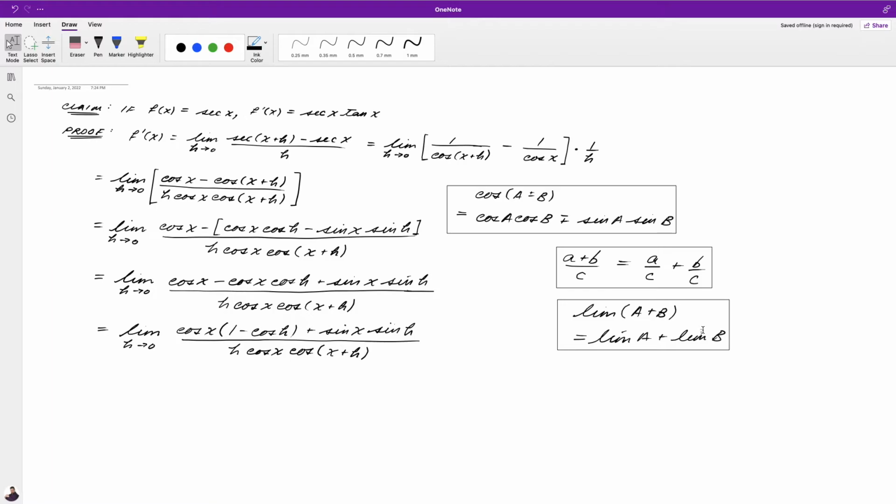So I'm going to go ahead and use both of these properties in tandem here. So here we go.